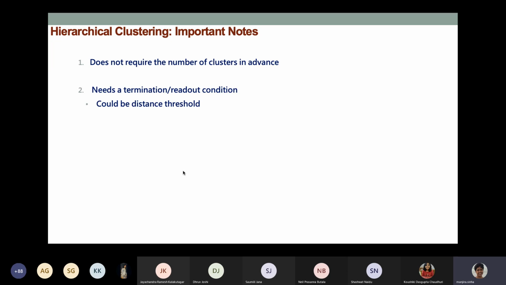As we go on grouping the different nodes into clusters, we also determine the number of clusters, and that's why we also need a termination or stopping condition for when to stop clustering. It can be a distance threshold, because again the requirement is that two clusters are as distant from each other as possible.